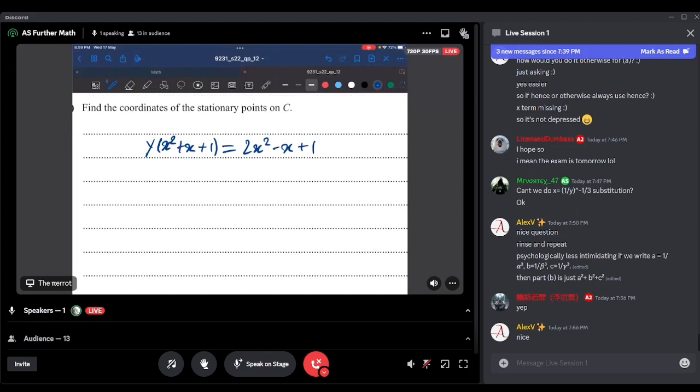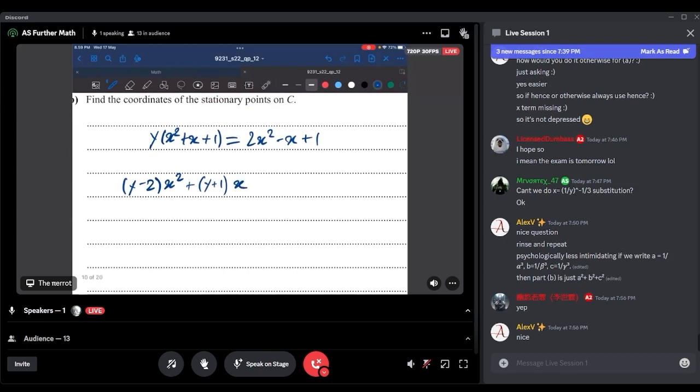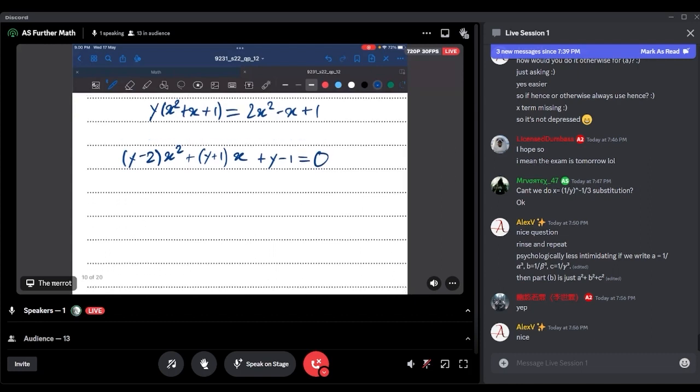Then we have y minus 2, x squared, and then y plus 1, x, basically just combining the like terms, and y minus 1. And now we take the discriminant of this. So we have y plus 1 squared, minus 4 times y minus 2 times y minus 1, and this is not equal to 0.